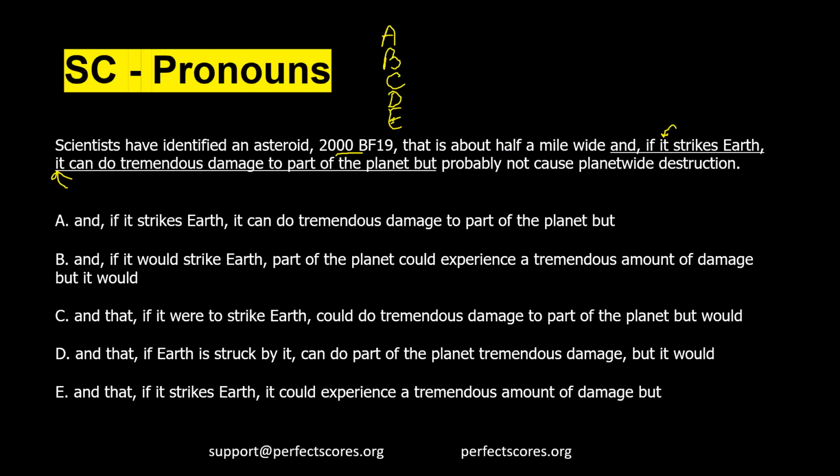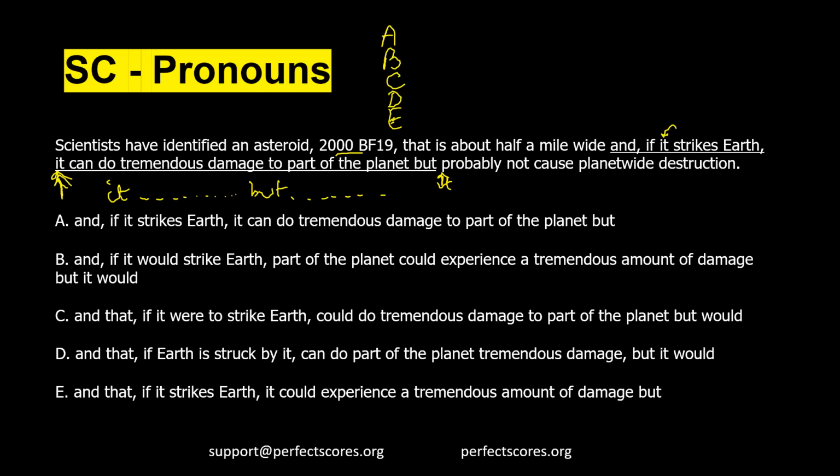So when you read this sentence, a better version is: if it strikes the earth, it can do something, but it probably will not cause planet-wide destruction. Either you use "it" between "but" and "probably" as well, or you eliminate the second "it".